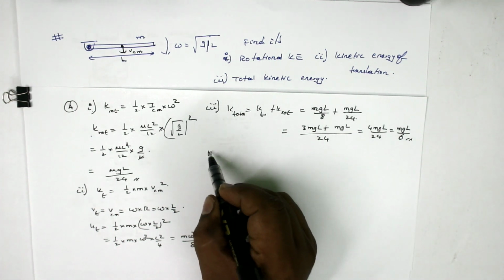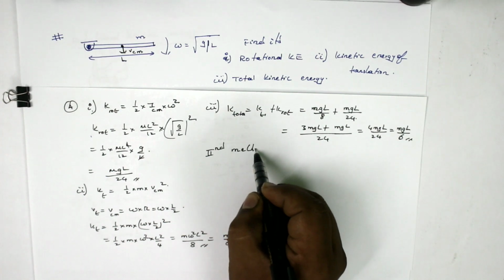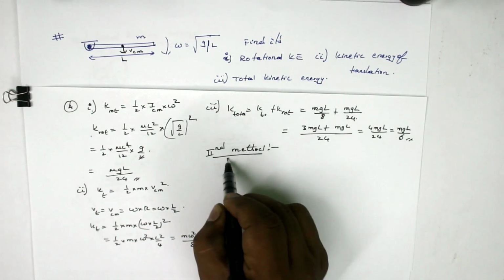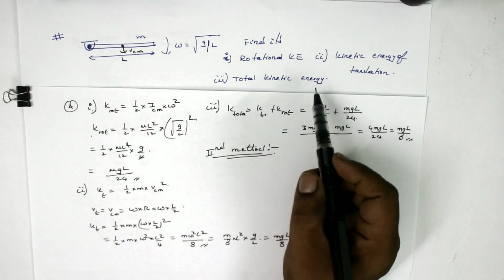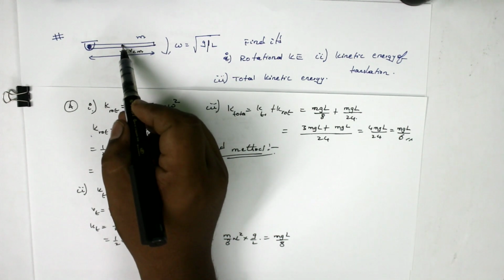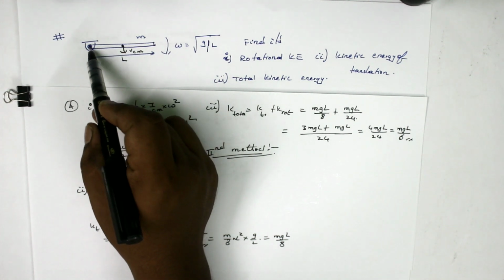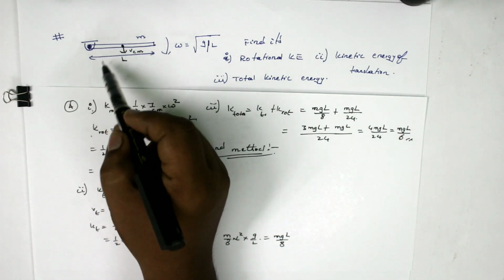Now let us see how we can calculate total kinetic energy by using the second method, which we have already discussed. Instead of considering rotational and translational kinetic energy separately, if I consider the moment of inertia across this axis, then it means that across this axis the total body is rotating.